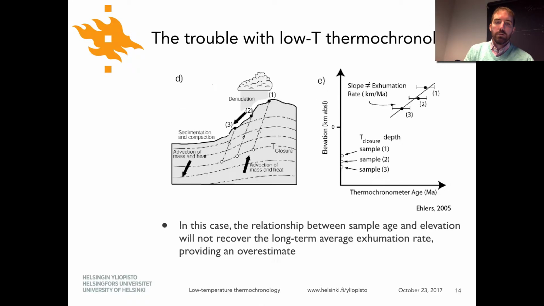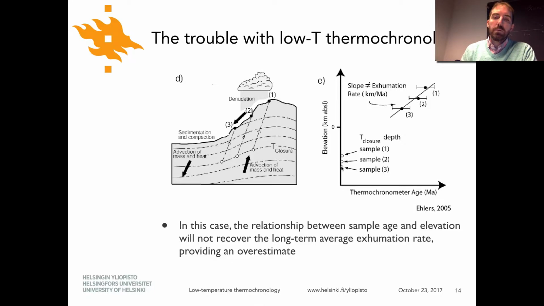And, well, here's kind of an example why. The problem essentially is shown simply here in some kind of case where we have, this is normal faulting, you don't see the fault surface here, but these rocks are moving up toward the surface like this. You can see the closure temperature isotherm here is bent and following the topography, and as a result, these samples pass through that closure temperature at different depths.